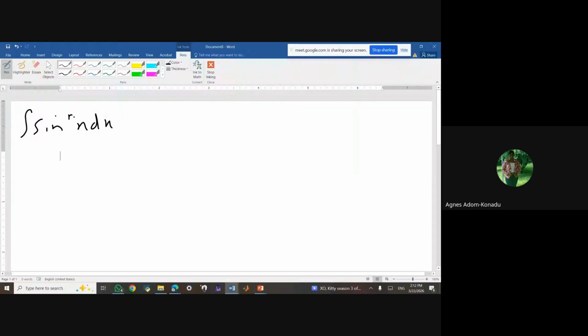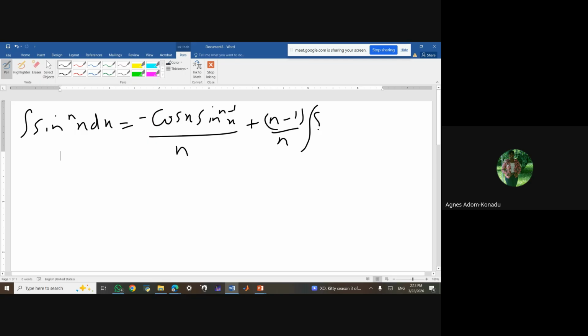Okay, let me write. It is integral sine to the power n x equal to negative cos x sine n minus 1x divided by n plus n minus 1 over n integral of sine n minus 2x dx. So that's what we just constructed.